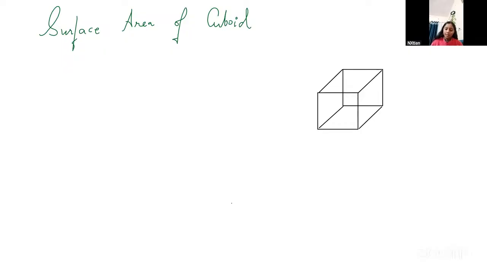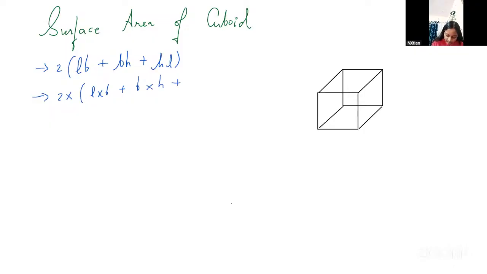So with that, we have the formula for surface area of cuboid: 2 multiplied by length into breadth plus breadth into height plus height into length. This is the meaning, okay?